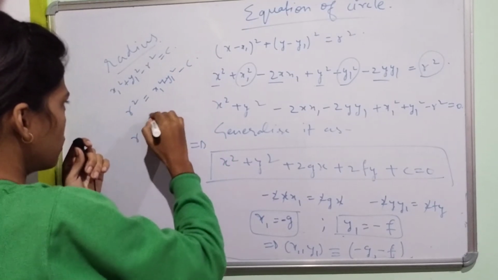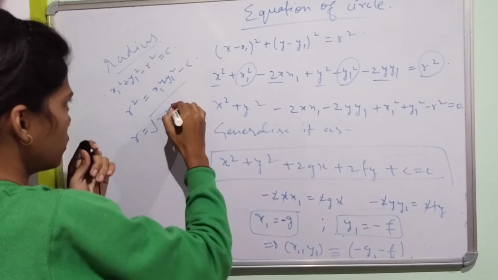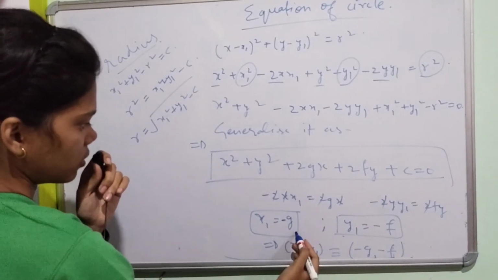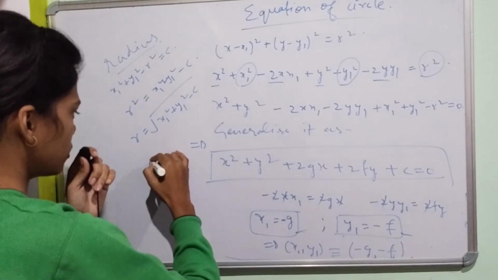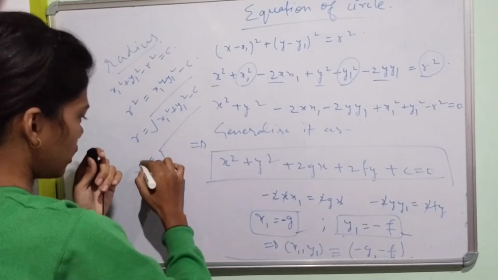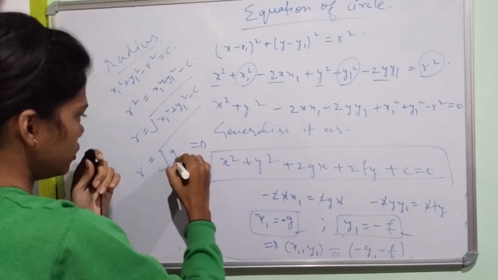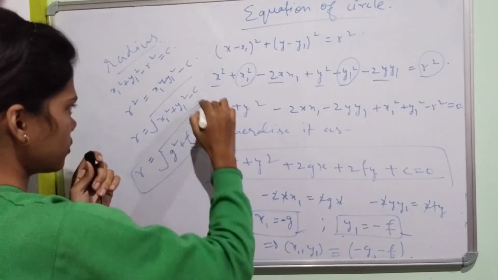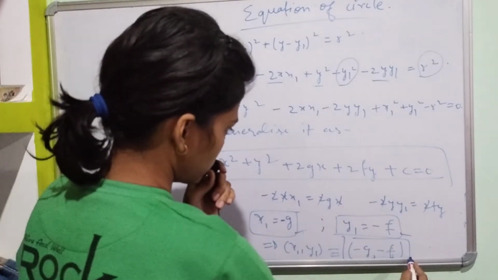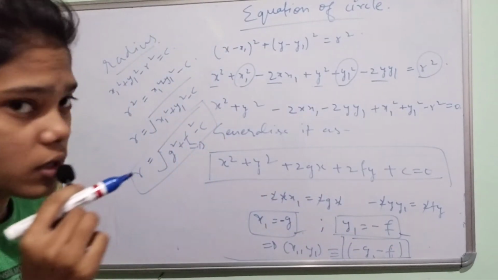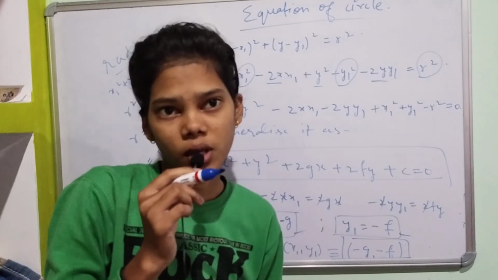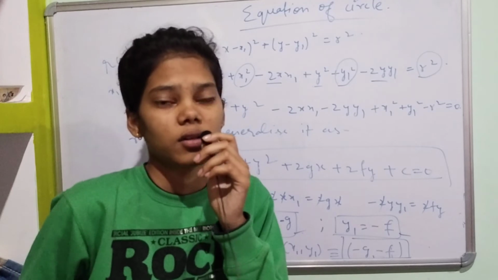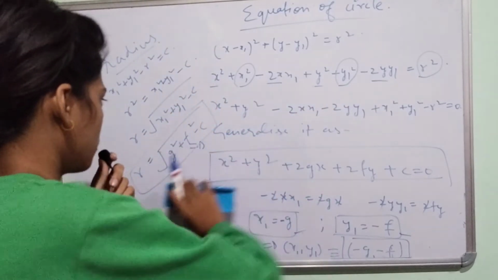So r is the square root of x1² + y1² − c, and comparing x1 and y1 with −g and −f, r is basically the square root of g² + f² − c. This is the radius and this is the center of the circle. So this was the derivation of the general form from the standard equation of a circle.